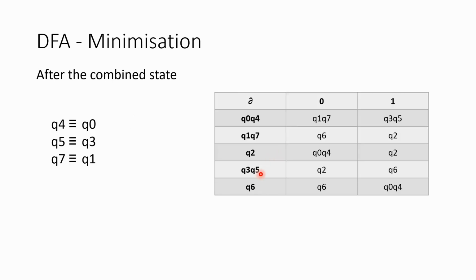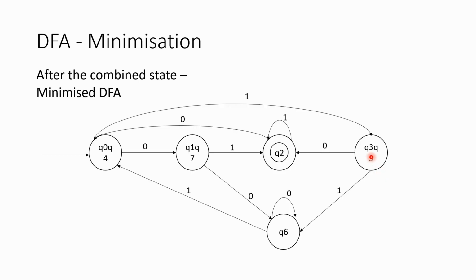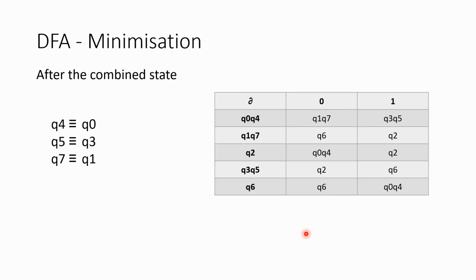And the next state Q3, Q5, for the value 0 it goes to Q2 and for the value 1 it goes to Q6. And Q6 is the last state.